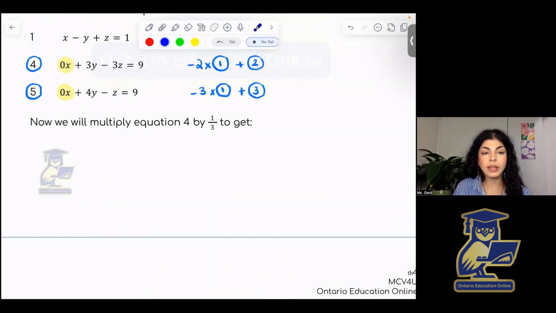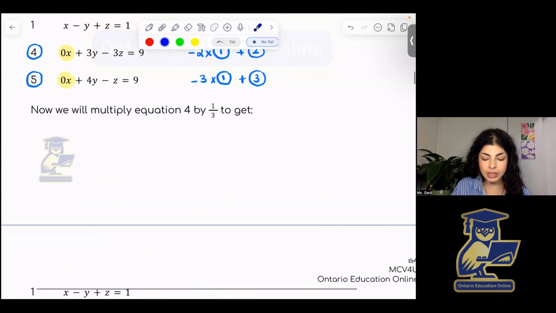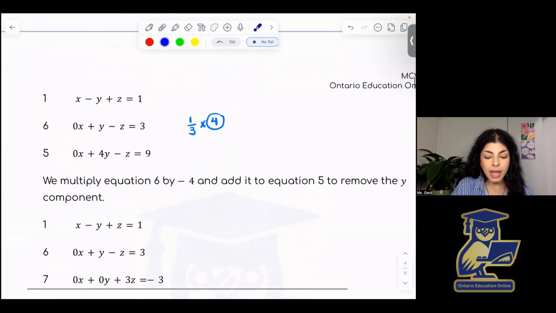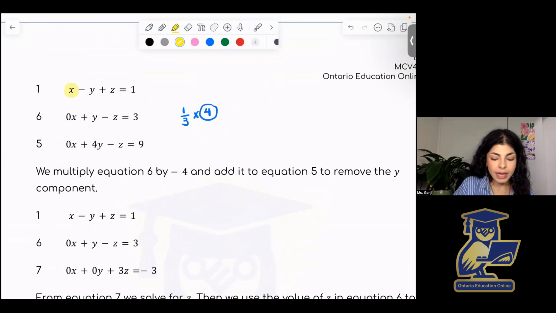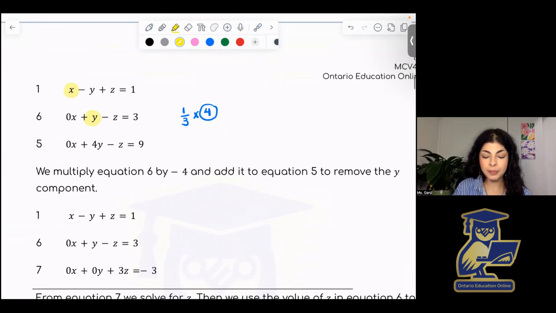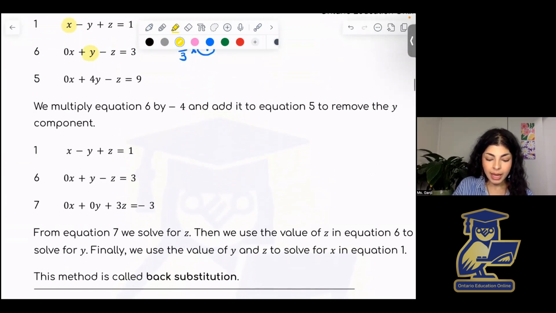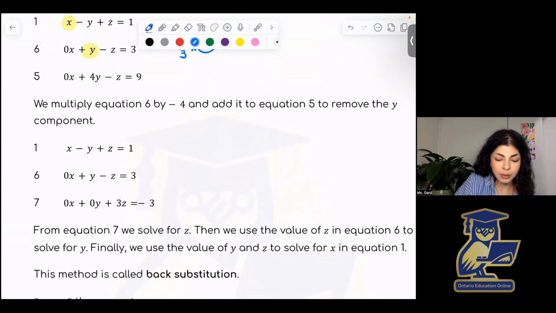So taking a third of every single term, left-hand side and right-hand side, you end up with this equation here. And now I have an x with a coefficient of 1, a y with a coefficient of 1, and now we have to tackle that last equation there by eliminating y there. And also pay attention here, we now have equation 6.